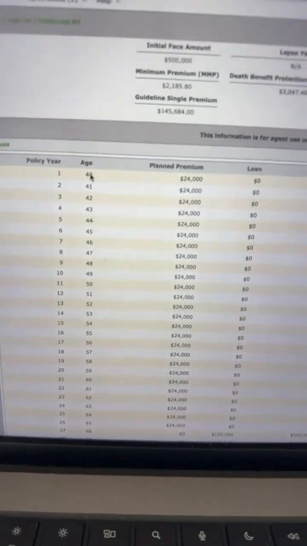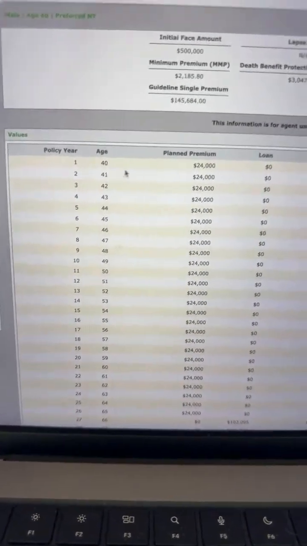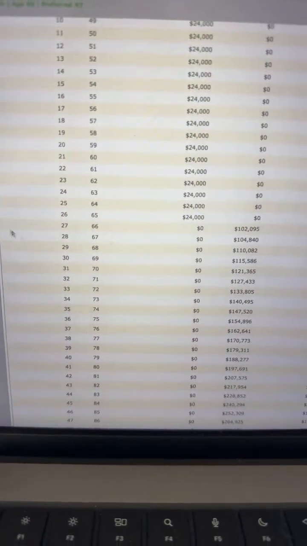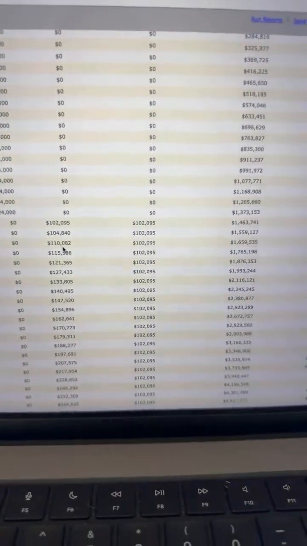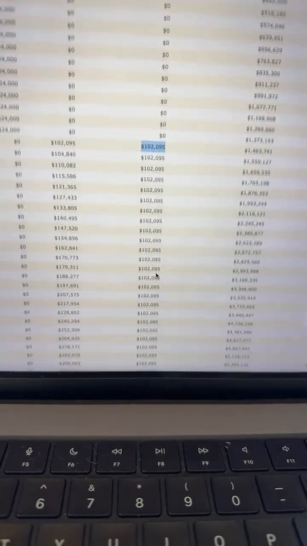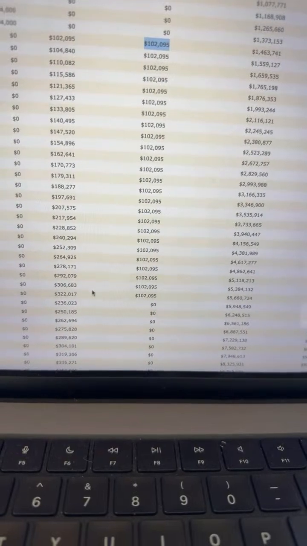Like if somebody that's 40 years old actually did this, put in $2,000 a month. If they did this until 65 when they would retire, it's estimated that they could start taking out about $102,000 every single year in income until pretty much they're 90.